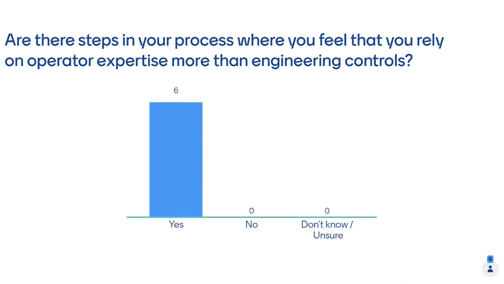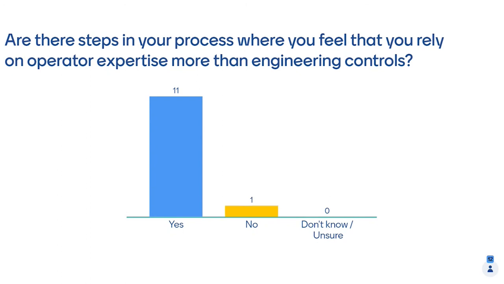But this is something that, again, a LOPA can help uncover, and also a LOPA can help convince management that maybe investment in automation is better than retraining operators or something along those lines.